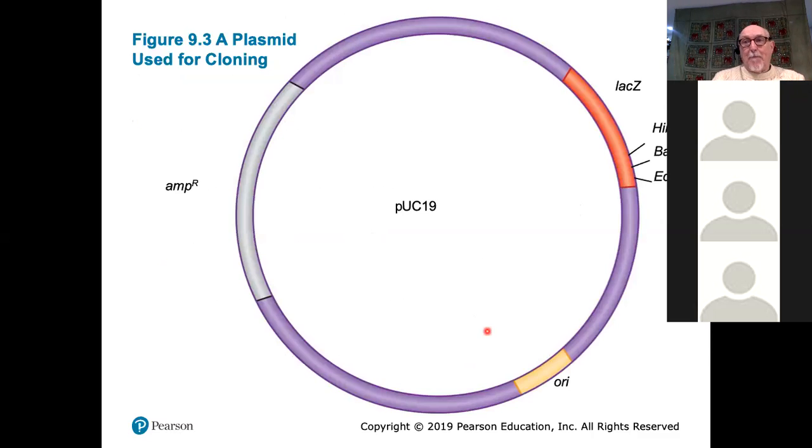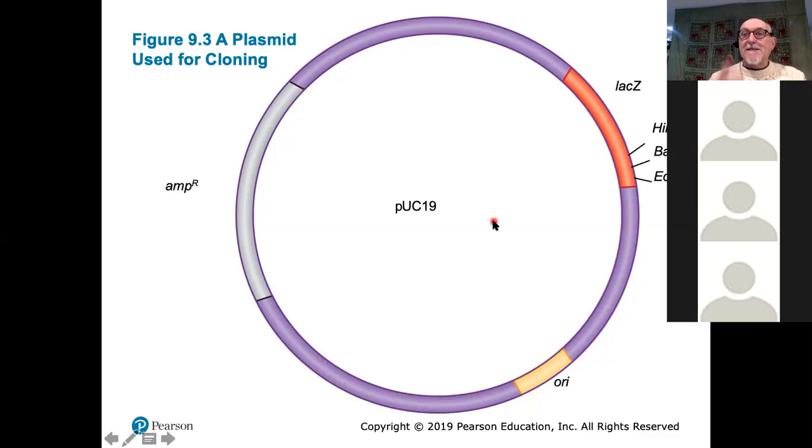But there is a problem. And that is that we have to be able to tell whether we are undertaking two experimental procedures. The first experimental procedure is we're taking a vector like this, and we're inserting a gene which is of interest to us.